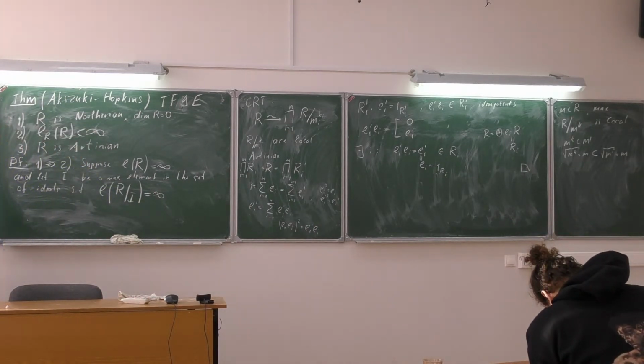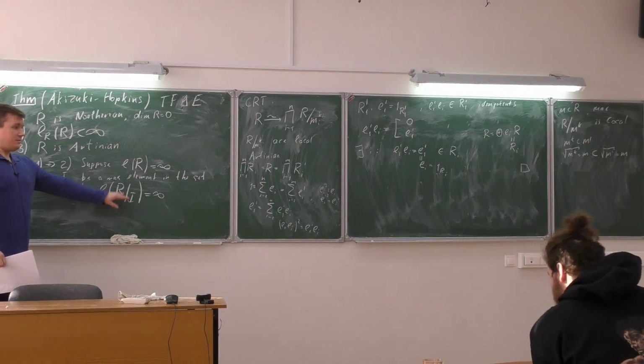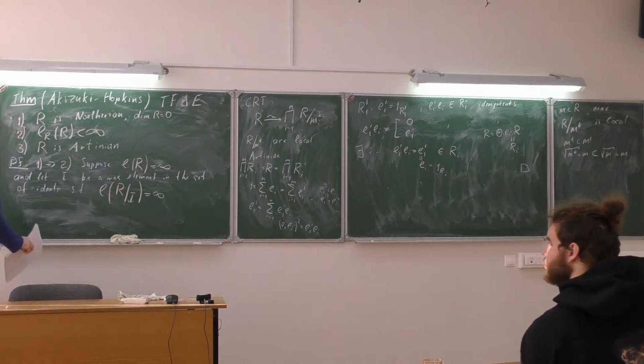So I assume that the ring is Noetherian, so I can take maximal elements in some sets. I know that this set is not empty because, for example, the 0 ideal is in this set, since the length of R is infinite.